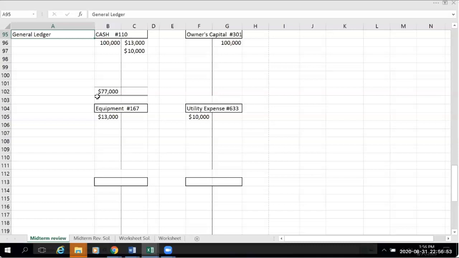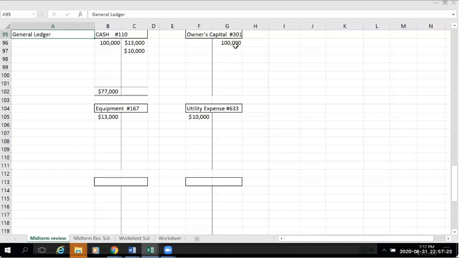Asset, debit. You see how many times I'm repeating? So imagine how many times you have to repeat. Okay, owner's capital. What's the normal balance for owner's capital? If I tell you, draw me a T account and show me owner's capital for $100,000, which side do you put it? On the credit side. Owner's capital, credit.